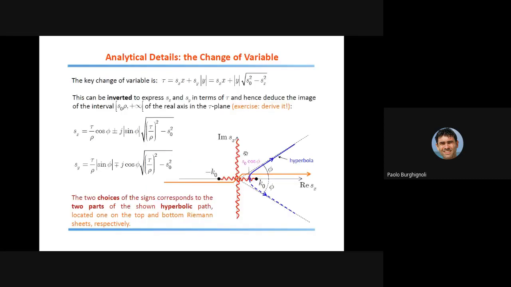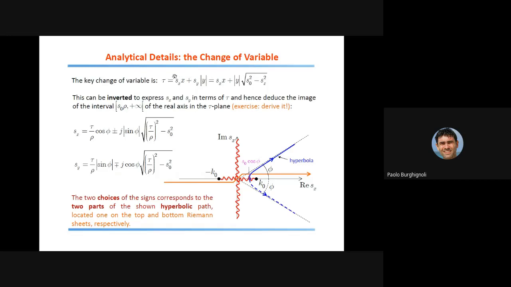The key step is the change of variable that introduces this time variable tau. And in the specific example we are considering, this time variable tau is expressed in terms of the old integration variable Sx. In this way, it's Sx times x plus Sy times the absolute value of y.